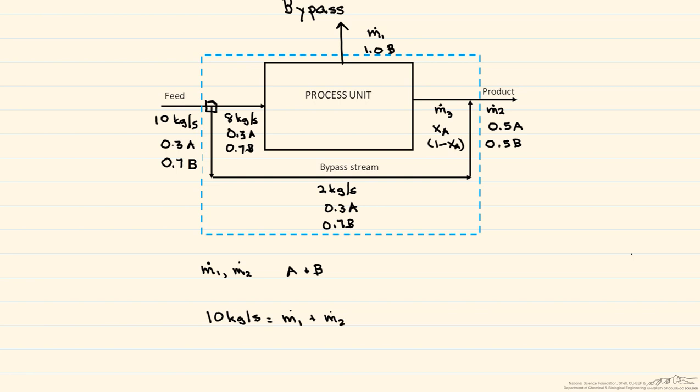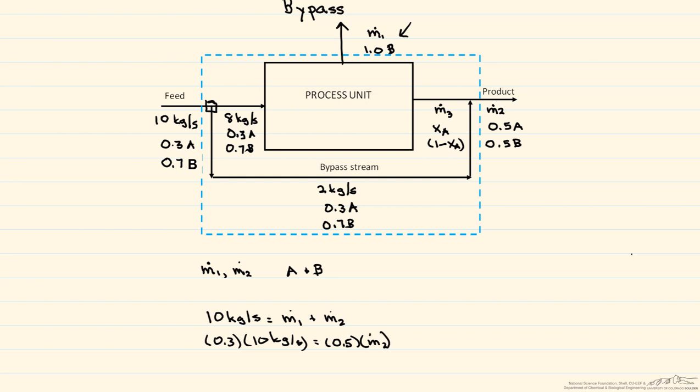Now let's do an A balance, and the reason to do an A rather than a B is it means we don't have to include stream M1 because it's 100% B. So here we have 0.3 times 10 kilograms per second, and that's going to be equal to 0.5 times M2.